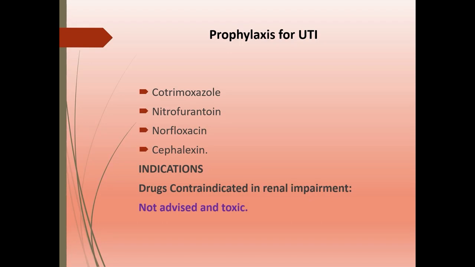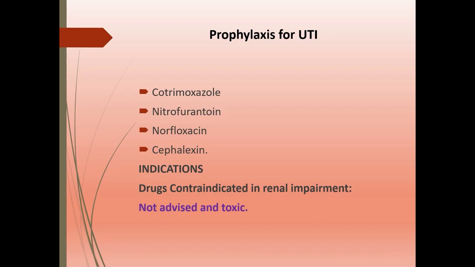So these are the indications where there is a need for prophylaxis. So what are the drugs which are given? Septron, cotrimoxazole, Septron is the trade name, nitrofurantoin, which is a urinary antiseptic, norfloxacin, which is a quinolone, and cefalexin. These are the drugs recommended for prophylaxis of UTI.